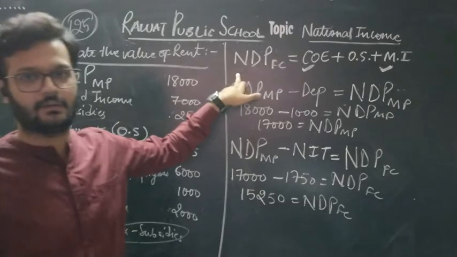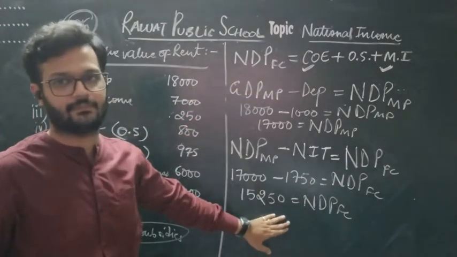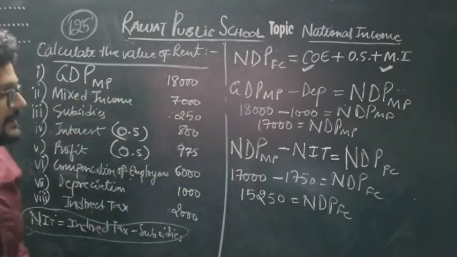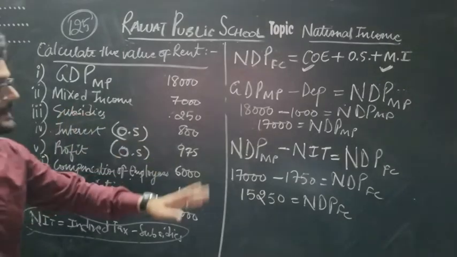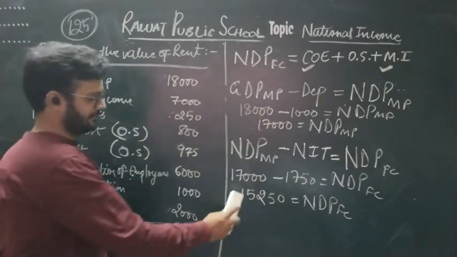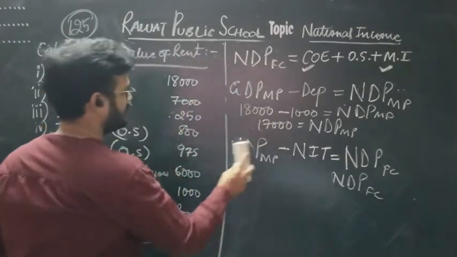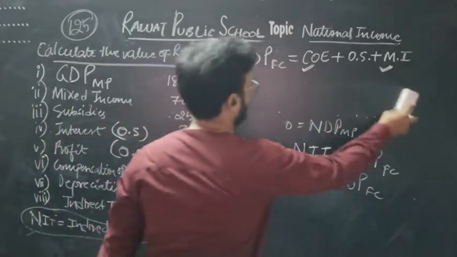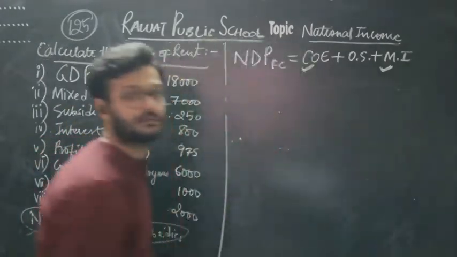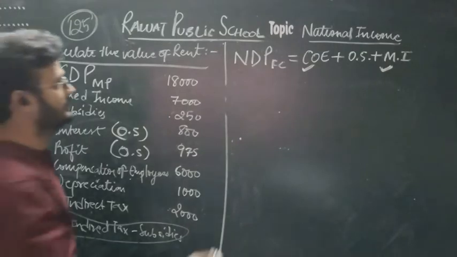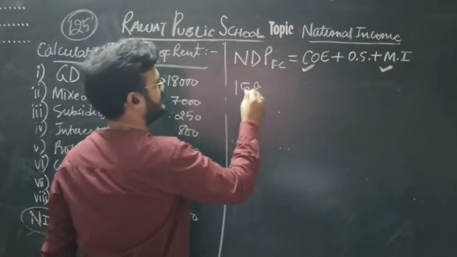What we needed, we have reached. NDP at FC we have calculated. Now I am erasing this part so that we can proceed further. 15,250 is our NDP at FC.